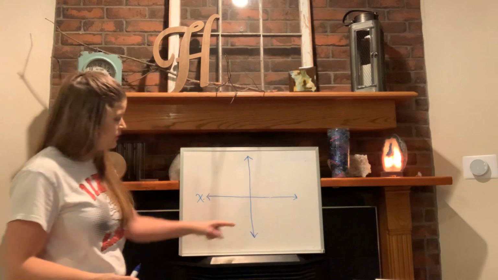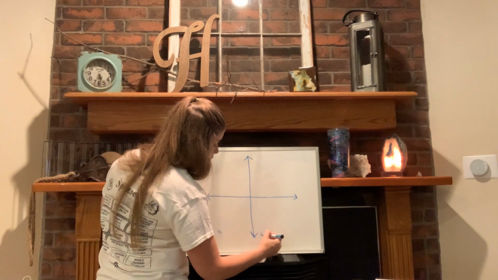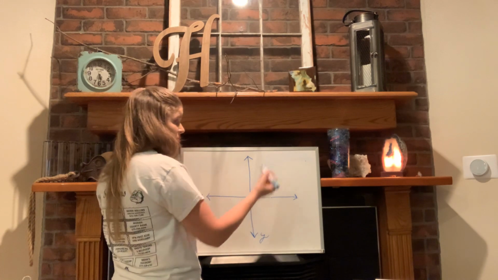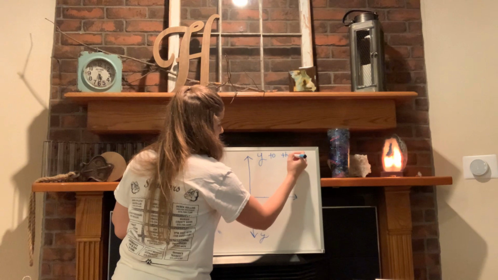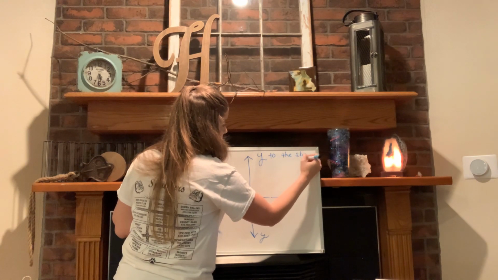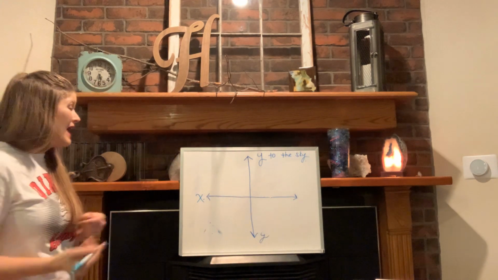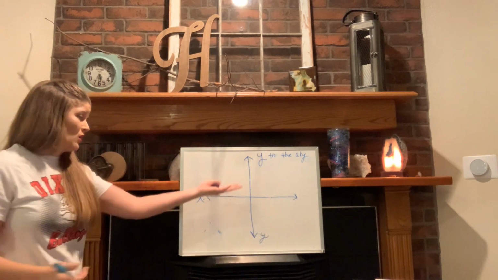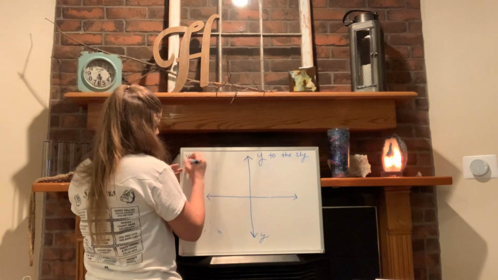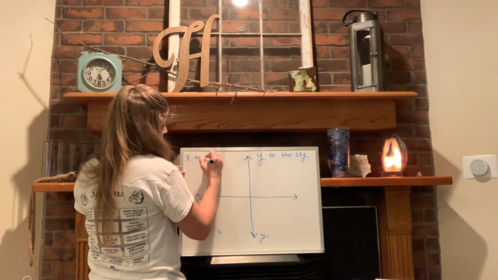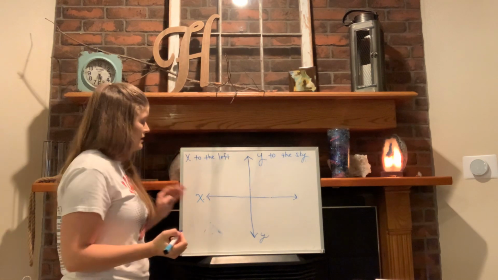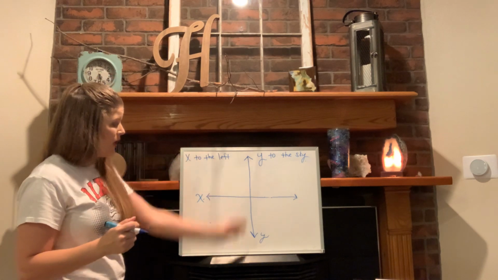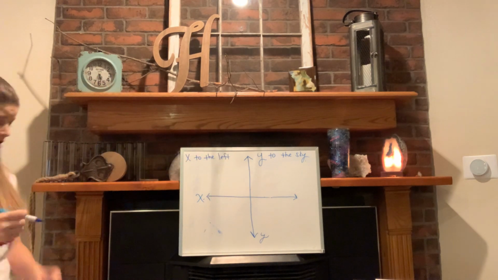All right, we call this line Y. And you can remember this as Y to the sky. I like to just think of the horizontal line, but if you like this, X to the left, it might help you remember X is left and right, Y to the sky, okay?